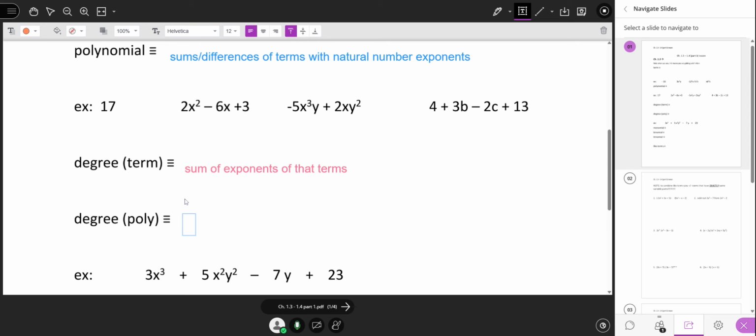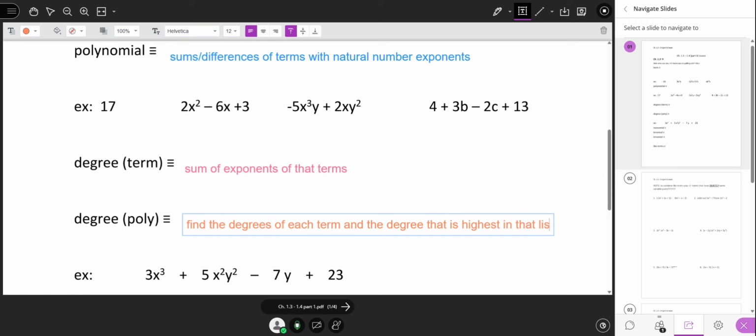The degree of a polynomial is, find the degrees of each term and the degree that is highest in that list is the degree of that polynomial.